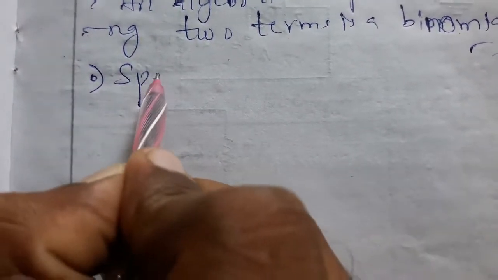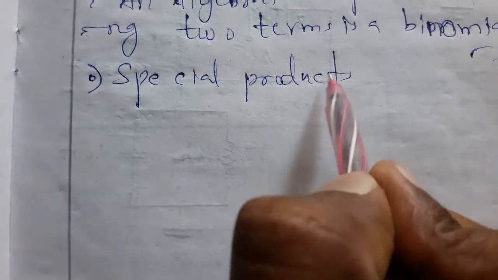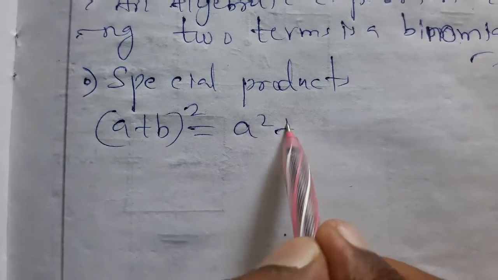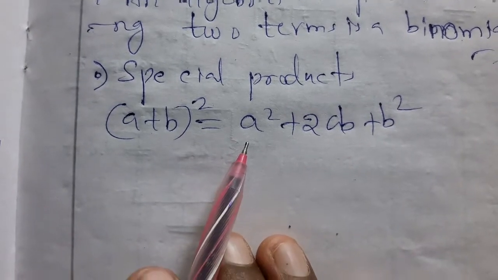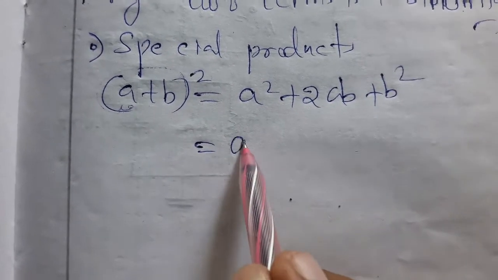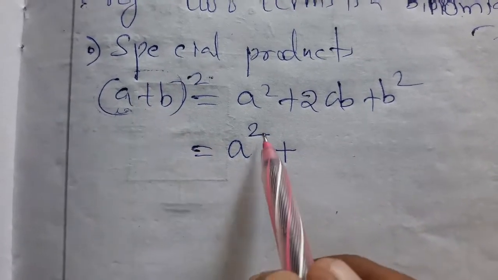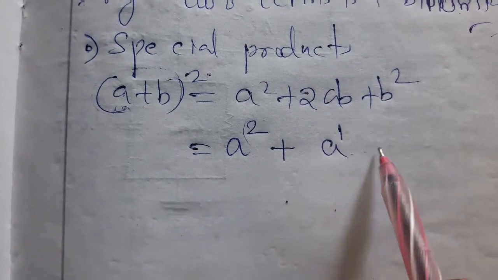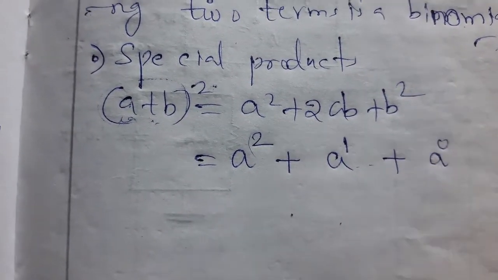Next, special products. A plus b whole square, that means a square plus 2ab plus b square. See here, a plus b whole square means first start with the highest power of a, and next plus, now decrease this power, that becomes a power 1, next plus, a power 0.